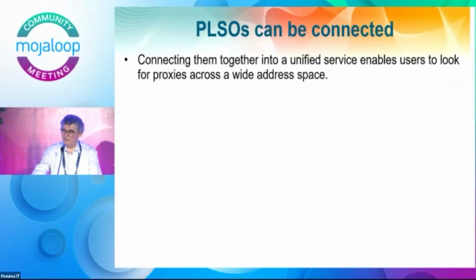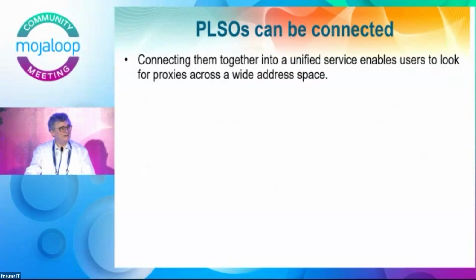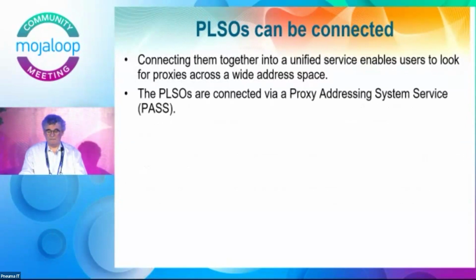Now, the next thing is we want to have PLSOs which can be connected to each other. Connecting them into a unified service means that users can look for proxies across a wide address space. And the analogy that we're using here is something like DNS, where the directory PLSOs are exchanging information with each other about who's on the network.